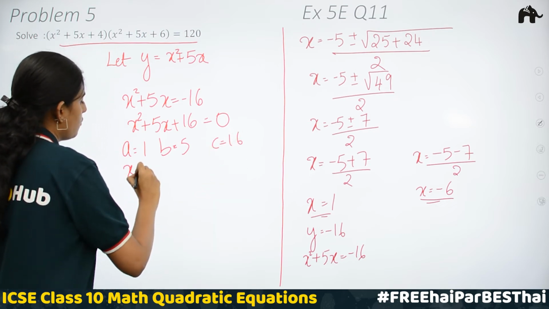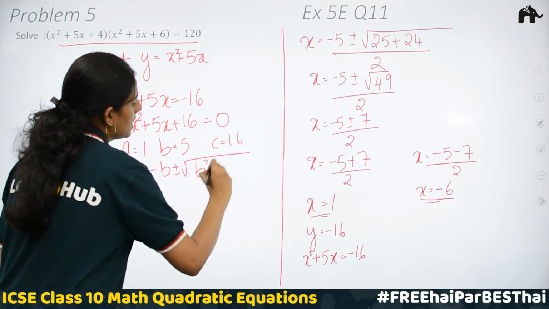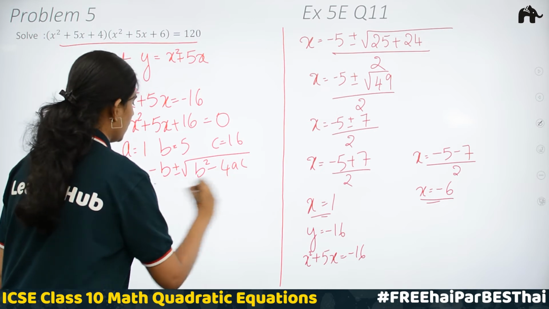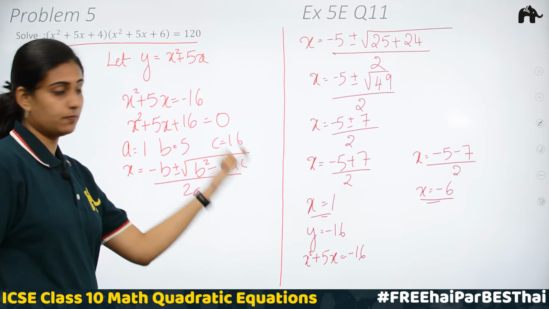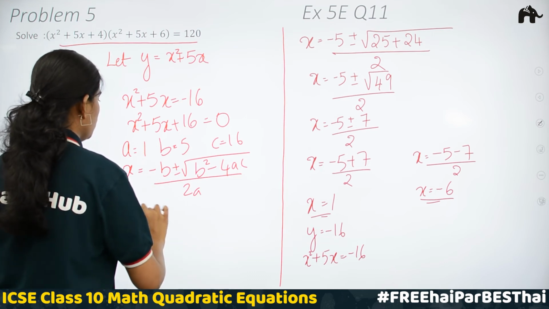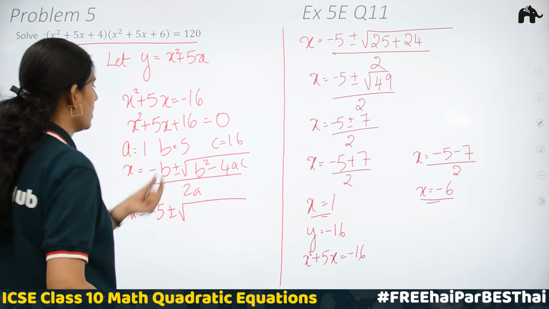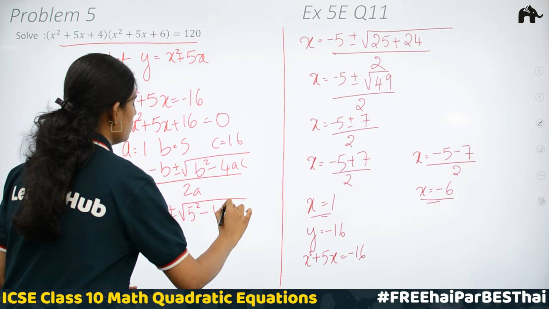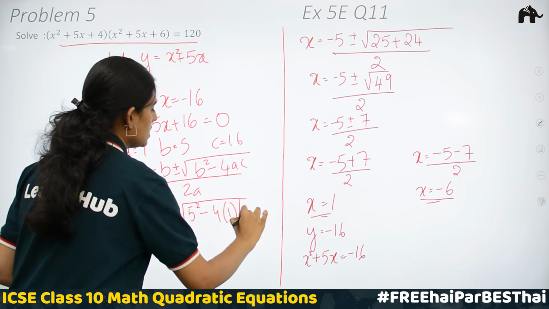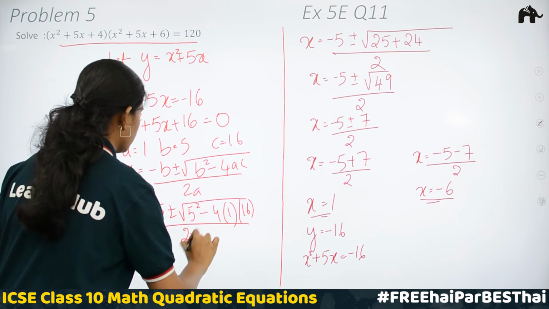Using the quadratic formula, x is equal to minus b plus or minus root of b square minus 4ac divided by 2a. Substitute the values of a, b and c. x is equal to minus 5 plus or minus root of 5 square minus 4 into 1 into 16, divided by 2 into 1.